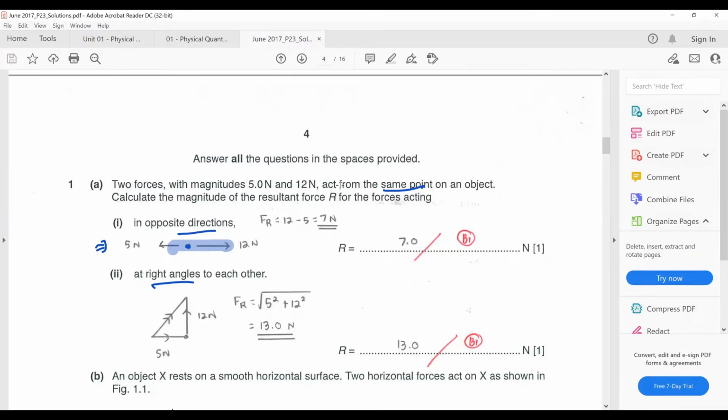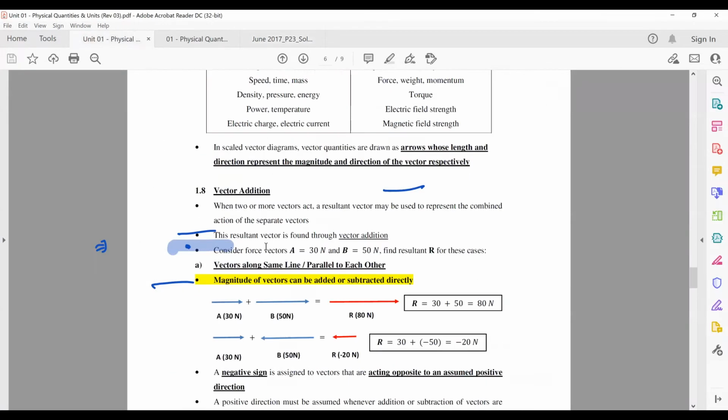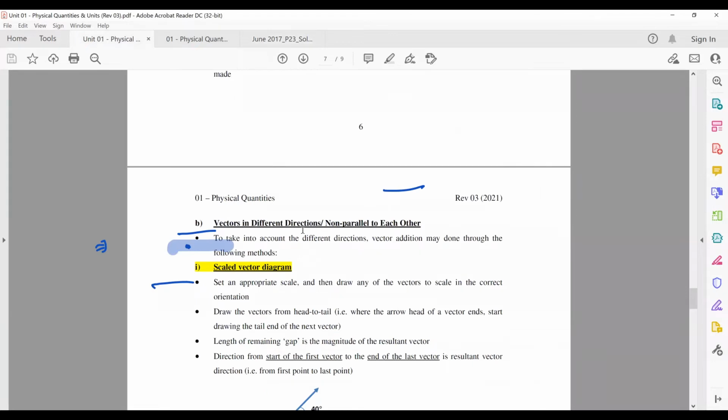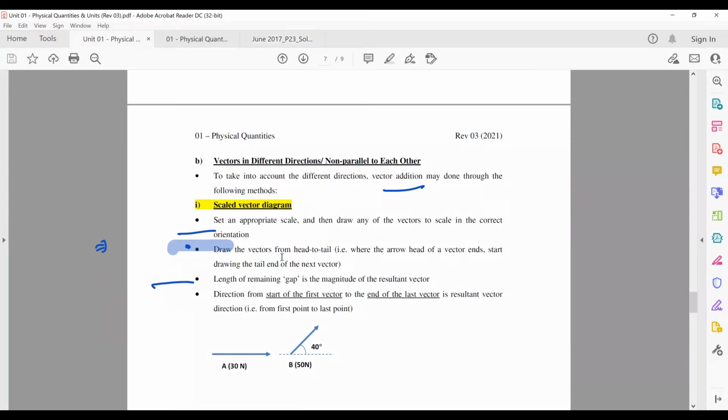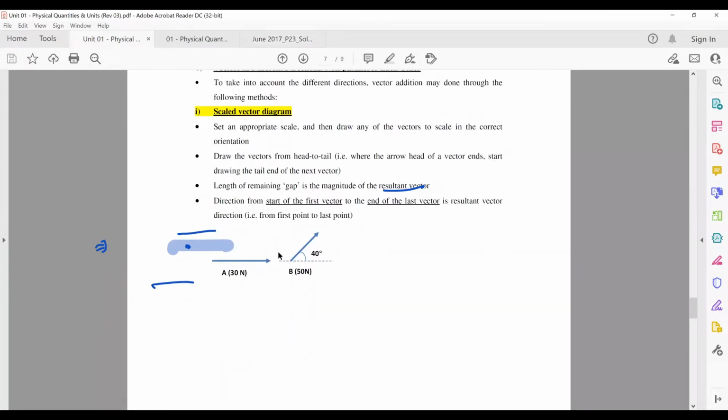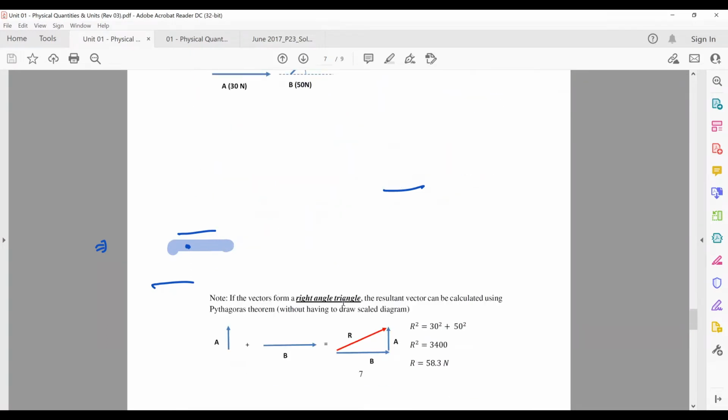But if they act in different directions, you cannot simply subtract or add them. You have to use resolution of vectors, a scale vector diagram, or the sine and cosine rule.